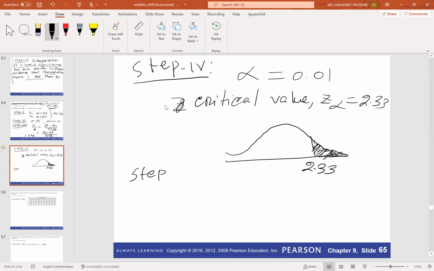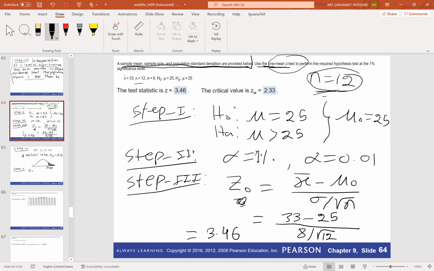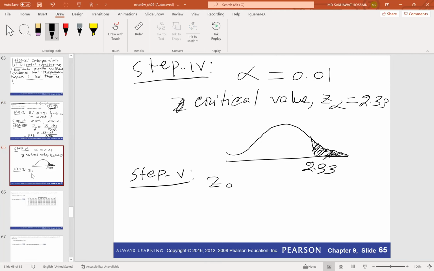So step 5, we have the test statistic from the previous slide. Z observed or Z0 is 3.46, and the critical value is 2.33. So 3.46 is somewhere here, in the rejection region.